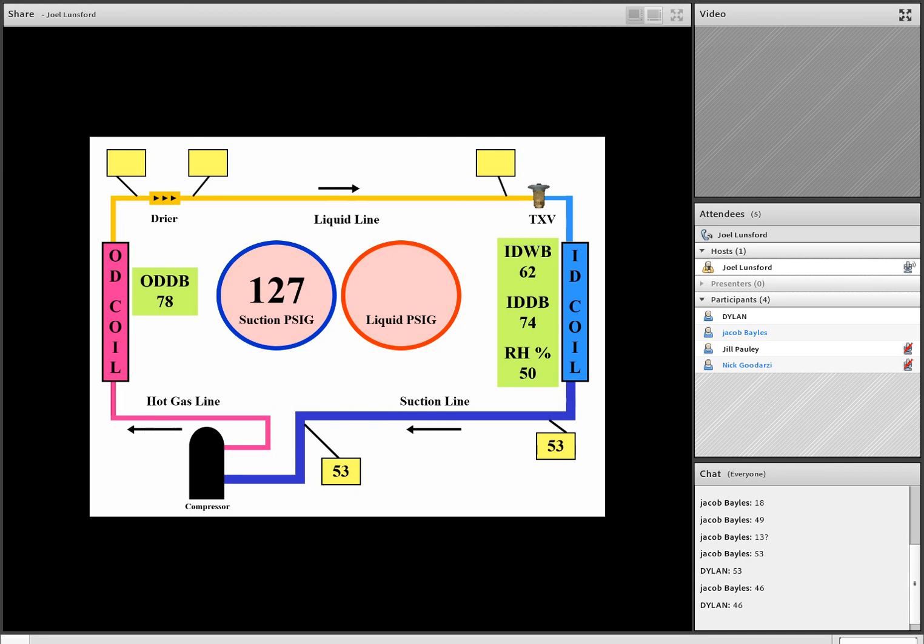Here we have 127 pounds of suction pressure, 127 pounds of suction pressure, 410A. Step number 1, what's the pressure temperature conversion at 127 pounds of pressure for 410A?